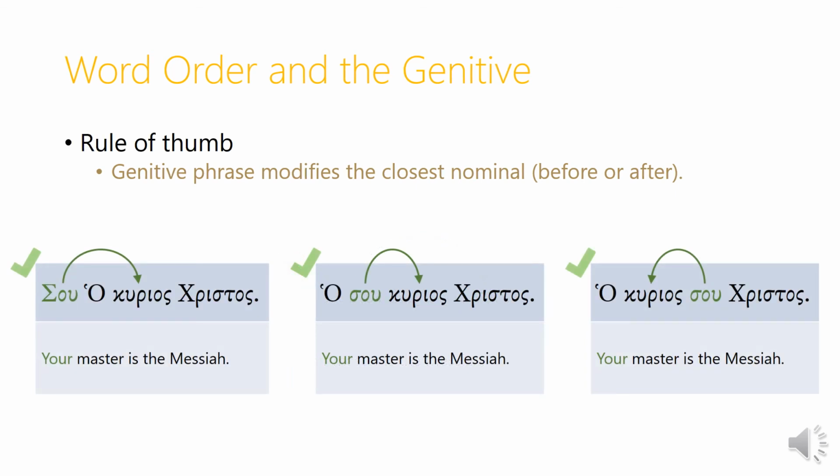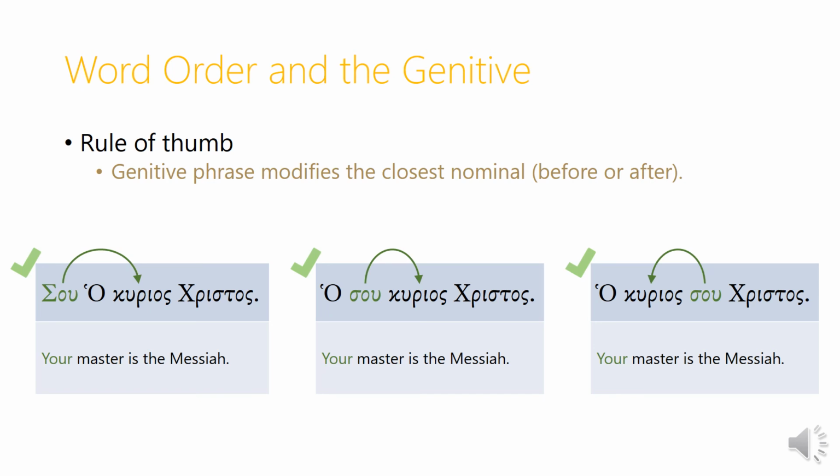Much better, then, would be any of these three word orders. We could say sou ha kurios Christos, and then kurios comes between sou and Christos, and it's the natural choice to be modified by sou. Or we could say ha sou kurios Christos, and that makes it very clear that the genitive is modifying kurios because it's coming between the definite article and its noun, so it must be modifying that noun.